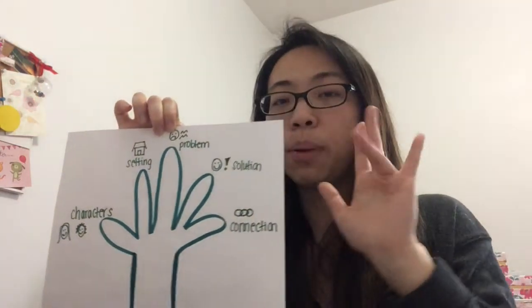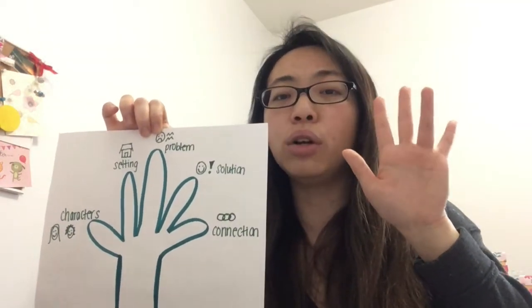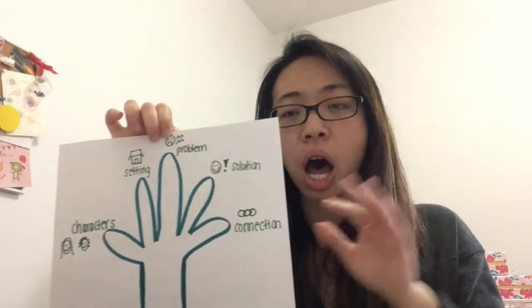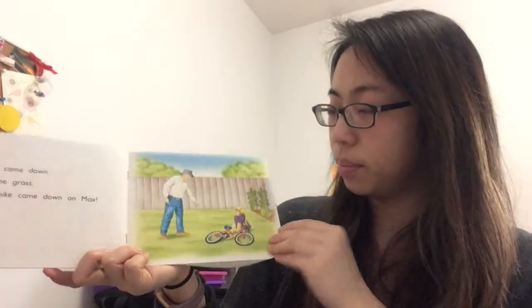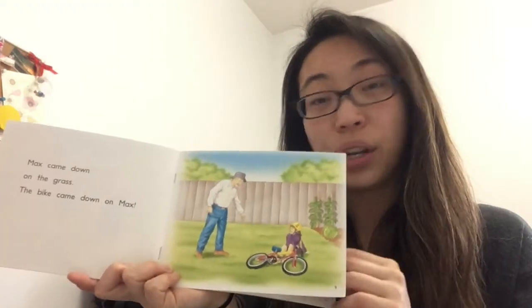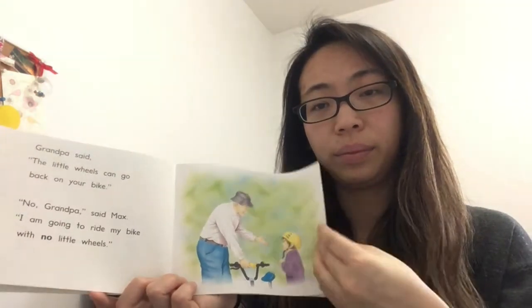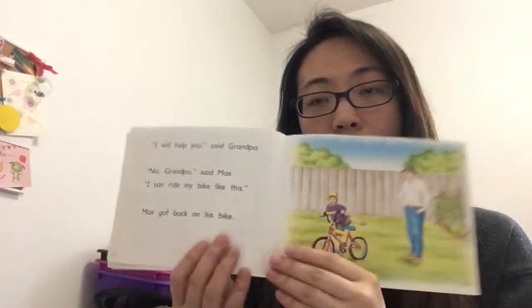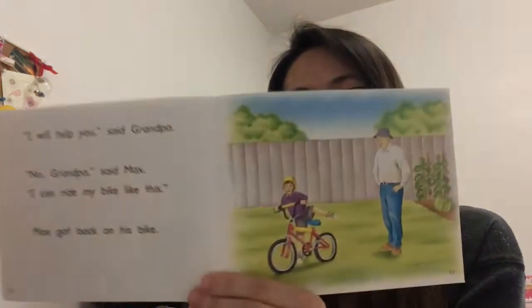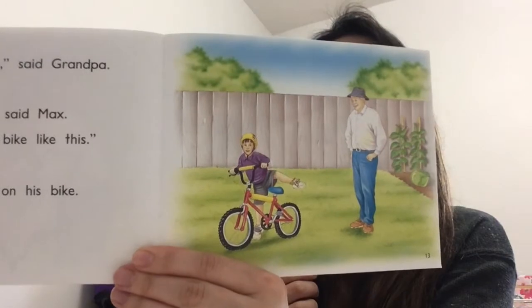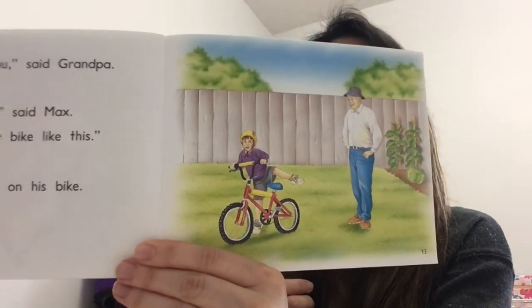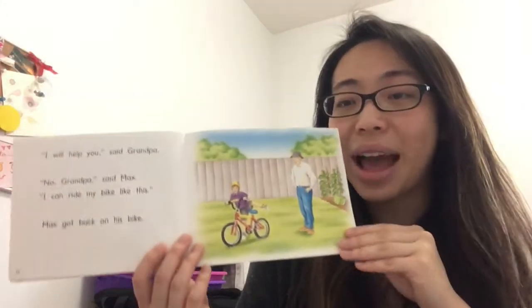So our next part of our retelling hand is the solution. So how is the problem solved? Let's take a look back at the book. Do you remember what happened next? What happened here? Right.